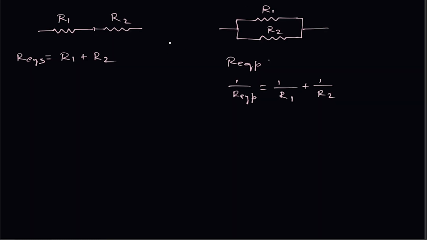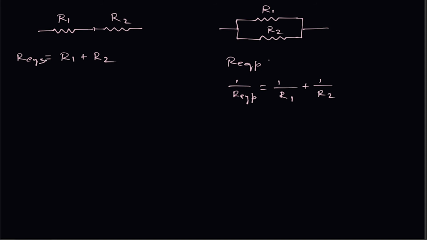Let us further analyze the series and parallel connection, and here we will compare these two types of connections. In case of series connection of R1 and R2, what is the equivalent resistance? Let it be R EQS, EQ for equivalent, S for series.